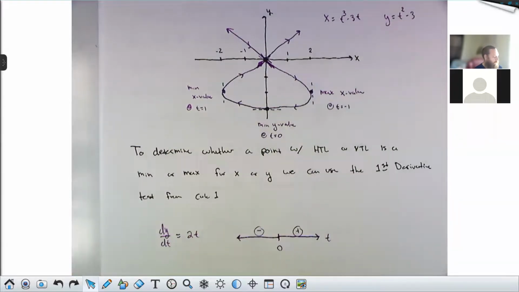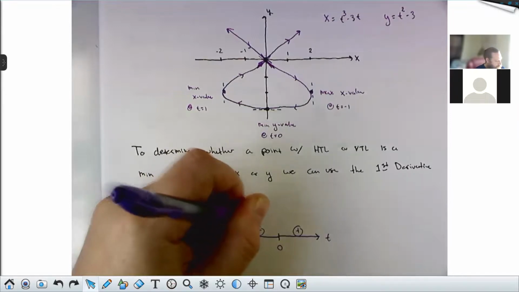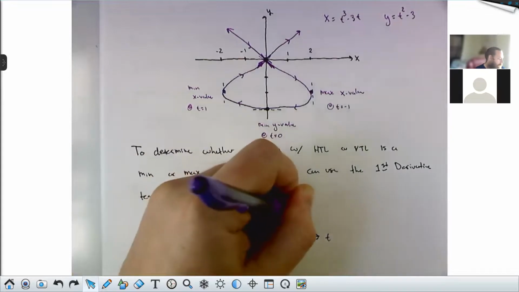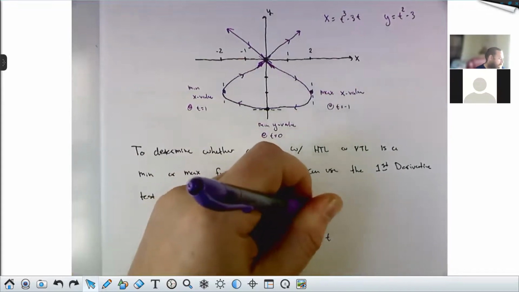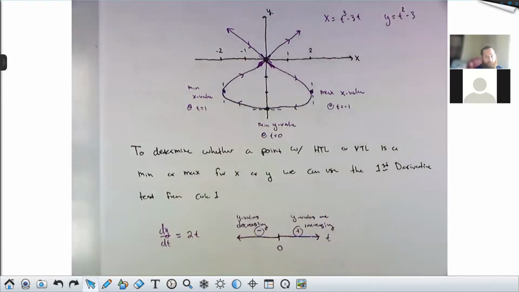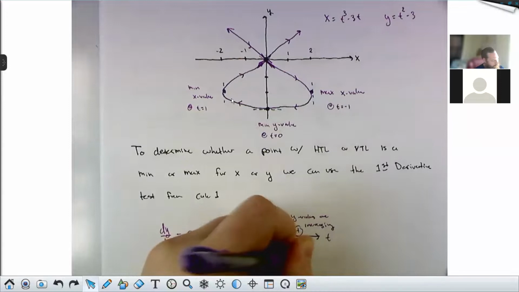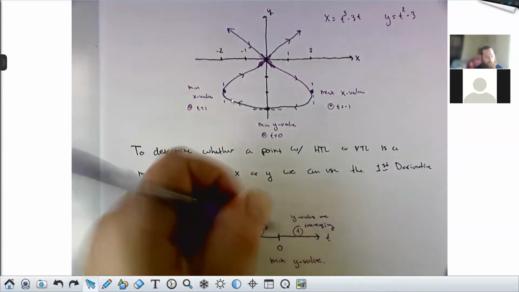So that means my y values are decreasing over here, and my y values are increasing over here. So my y values went from going down to going up, which means this had to be a min. A min y value.